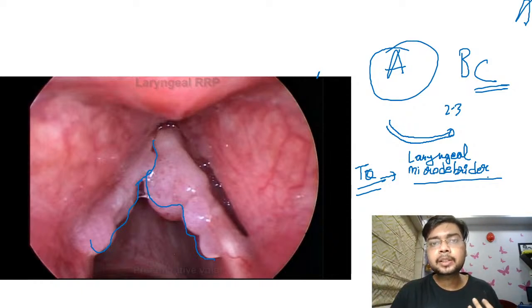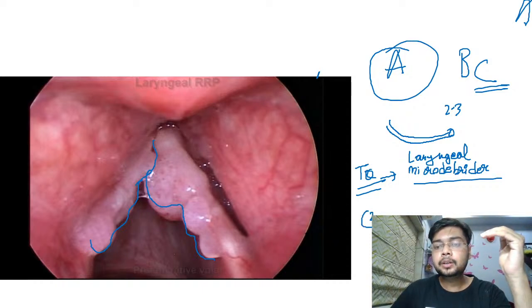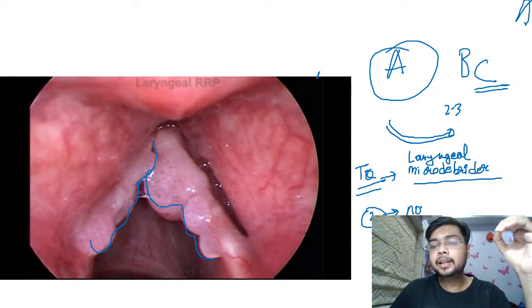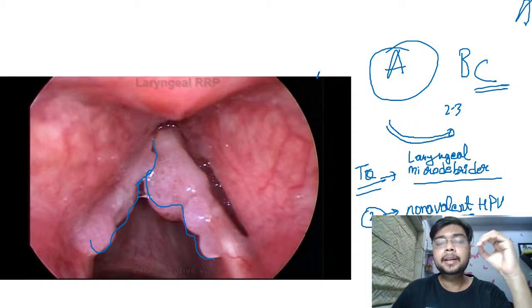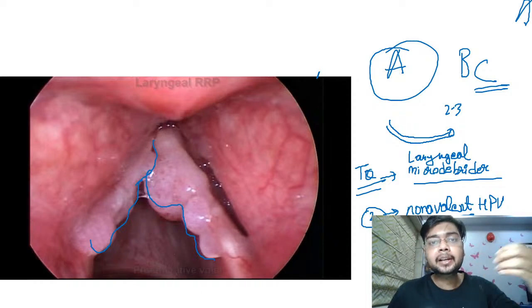Your next goal is to prevent the recurrence. As this condition is prone to recurrence, you need to do something to prevent or prolong the recurrence. So what else can you do? You can advise your patient to get the nonavalent HPV vaccine. This nonavalent HPV vaccine has a role in prolonging the recurrence phase.